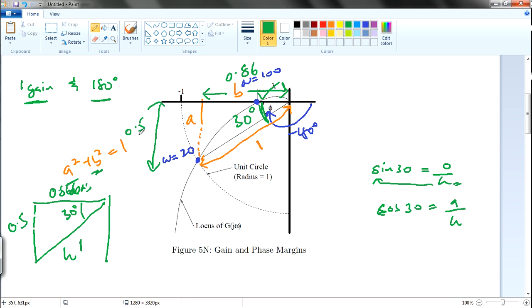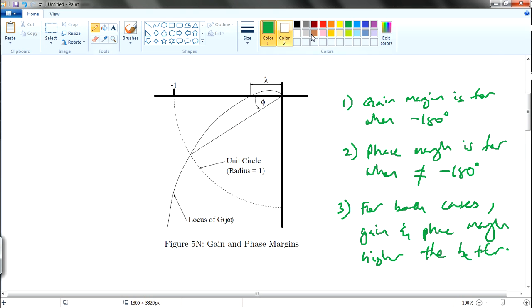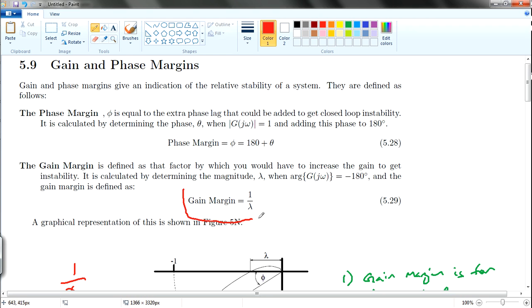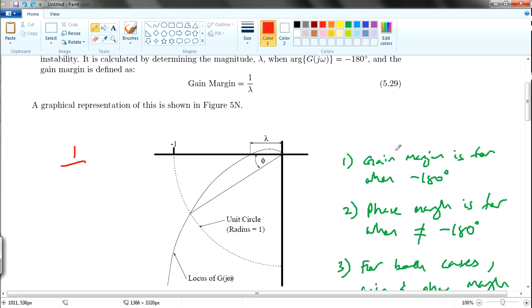So instead of writing out everything, it's pretty tough to assemble and to find. So to summarize in a better form, the 1 over lambda for gain margin, which is this one, only applies when you are at this line.